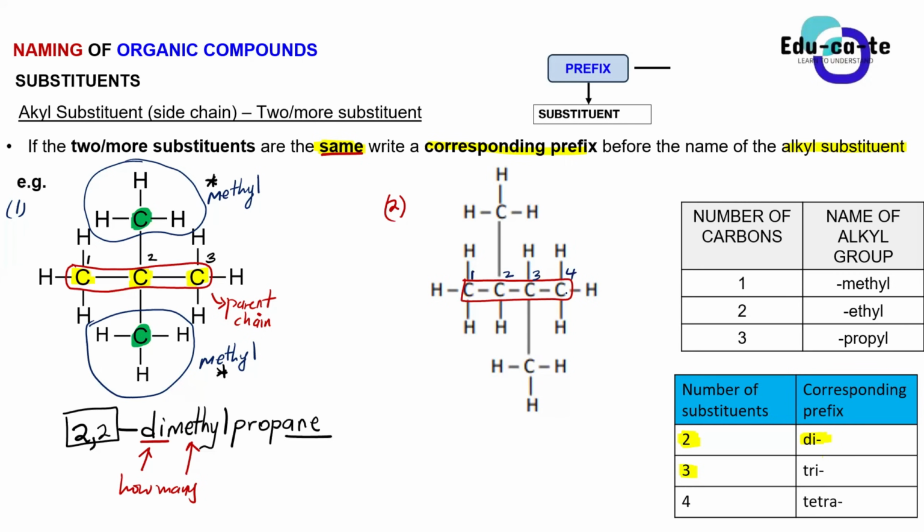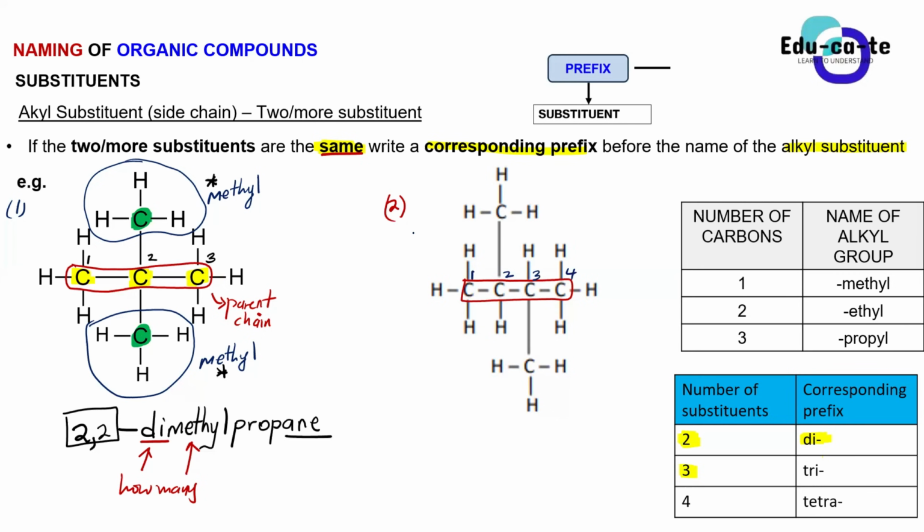Let's hear from Sam. 2, sir. The first one is on number 2, and the second one is on number 3. Okay, what is on number 2? The substituent number 1, which is methyl.